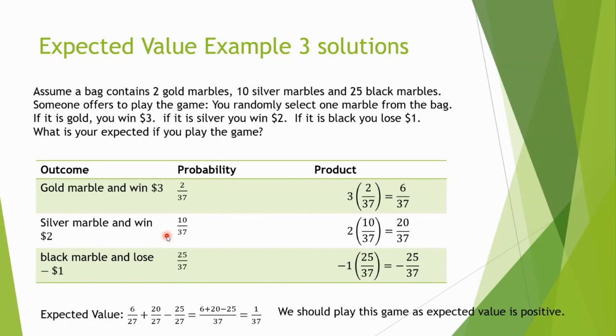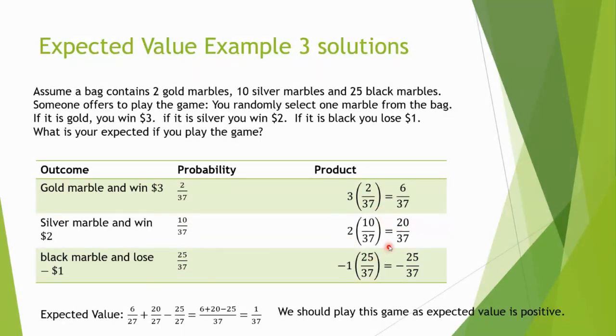Okay, now, so now how likely is that? What's the probability of that happening? Well, there are 10 silver marbles in the bag. There's 37 altogether, so 10 out of 37. Next, we multiply, right?